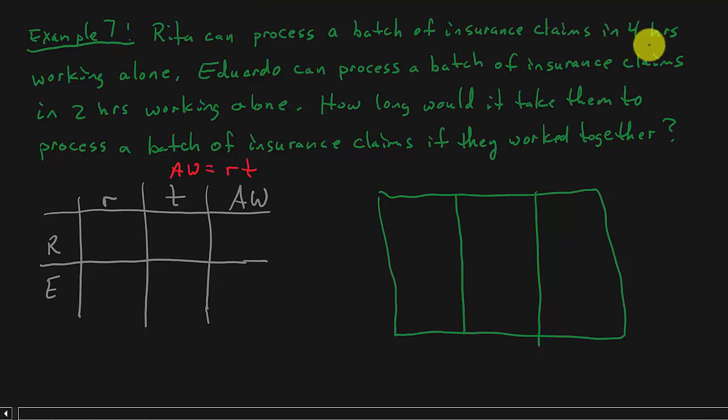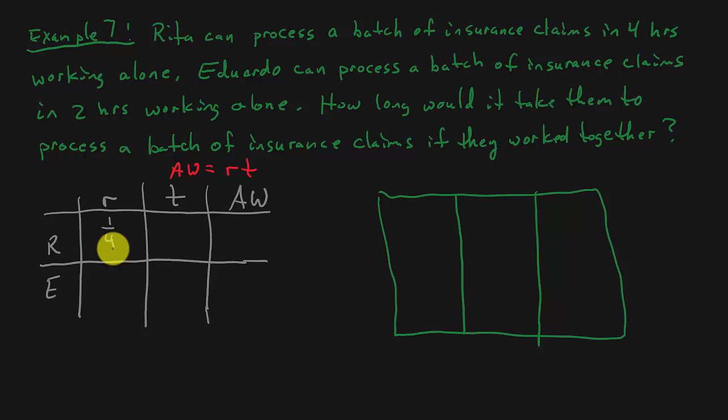So if it takes her 4 hours to process the claims, then what's her rate? That's 1/4, right? Now, it says Eduardo can process a batch of insurance claims in 2 hours working alone. So what's his rate?